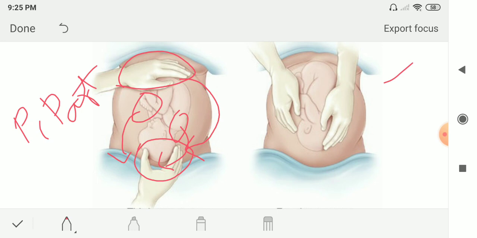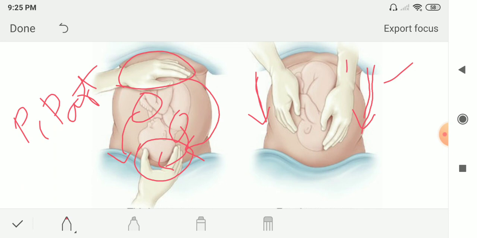In this condition, we gently, with a little pressure, move both hands down on both sides of the mother's womb. Once we move our hands from up to down, there will be some area which provides resistance to the downward movement of our hand.